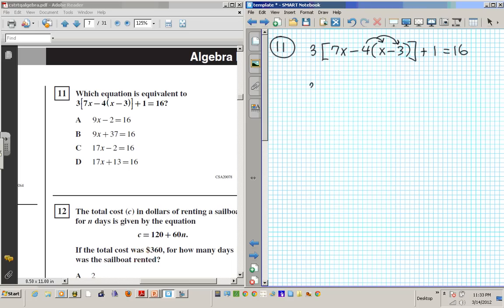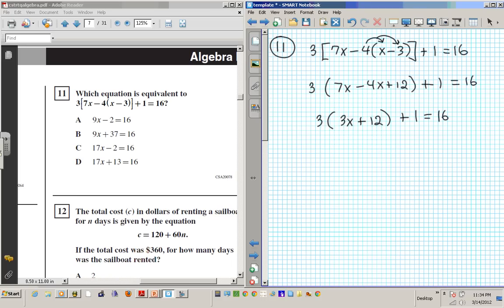It's going to give us 3 times, let me make this a parenthesis, 3 times 7x minus 4x plus 12 plus 1. Okay? And then when we combine these two on the inside, we're going to have 3 times 7x minus 4x is 3x plus 12 plus 1 equals 16.